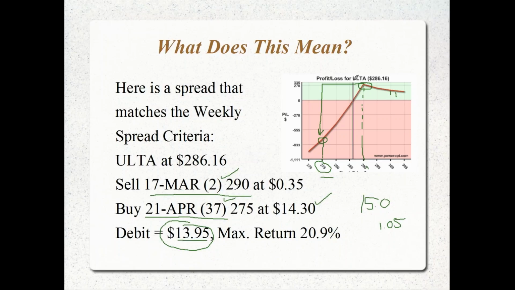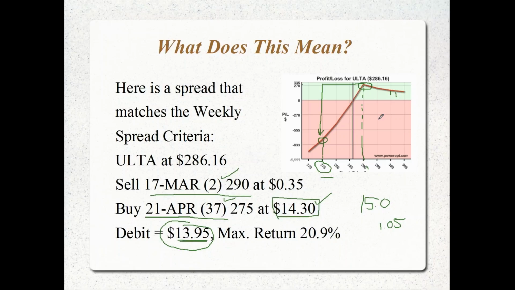Now the max return is way above that. You know, it's above about 280, it's about 281, 290 here. Why? Because in that first week, if Alta goes right to 290, this option is going to be worth more. My 275 is going to be worth more than 13.95.